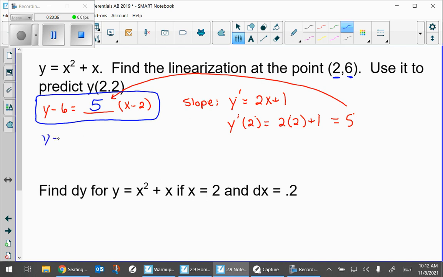y minus 6 equals 5 times 2.2 minus 2. Well, you go ahead. You figure out what that should be.